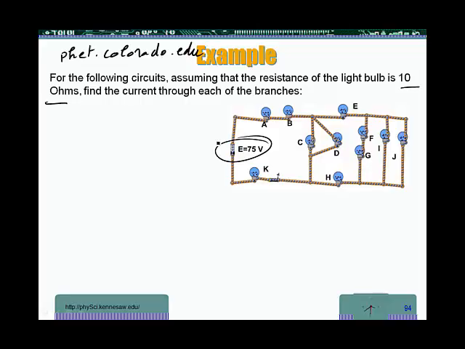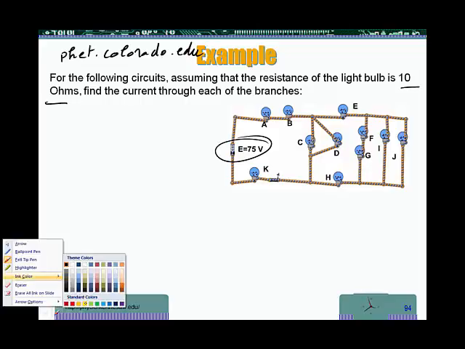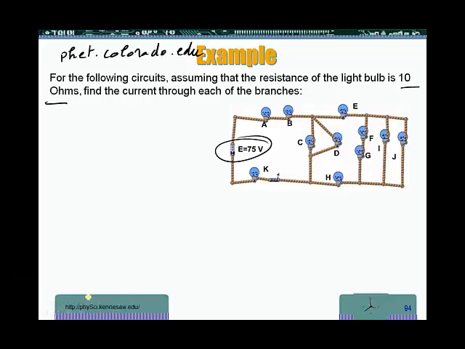Okay, to do that, and I run through several screens doing this, I'm going to try to simplify the circuit by finding components of the circuit that are either in series or in parallel. Now, for parallel, remember the key is that you find a loop that contains only the two devices.